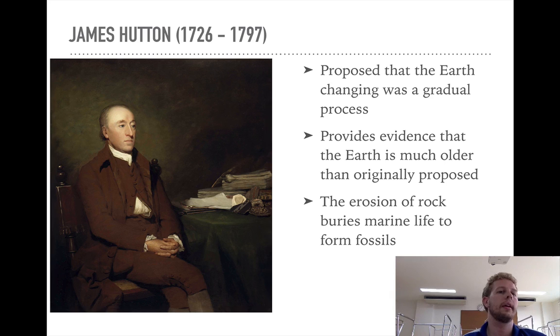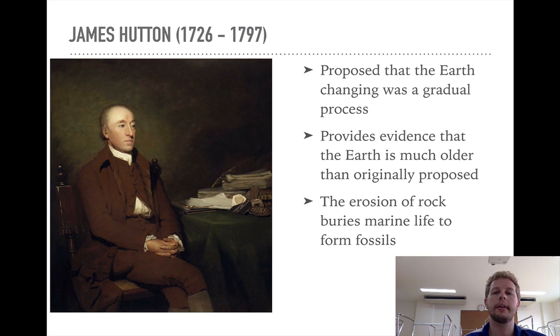Continuing with the studying of fossils, we come to James Hunt, who lived from 1726 to 1797. James Hunt was interested in the changes that occurred on the Earth and looking at the geological structures that are present.